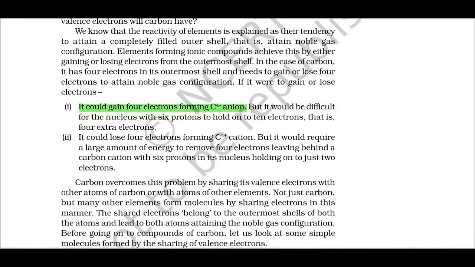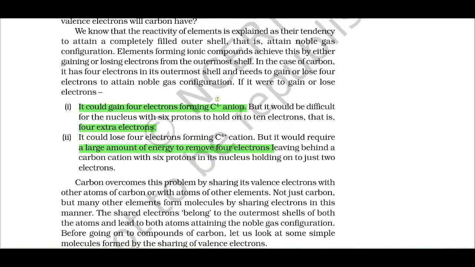Because it will be very difficult for the nucleus with 6 protons to hold 10 electrons, that is 4 extra electrons. Why will it not lose 4 electrons? Because it requires a large amount of energy to remove these 4 electrons. Hence, it cannot lose or gain 4 electrons.